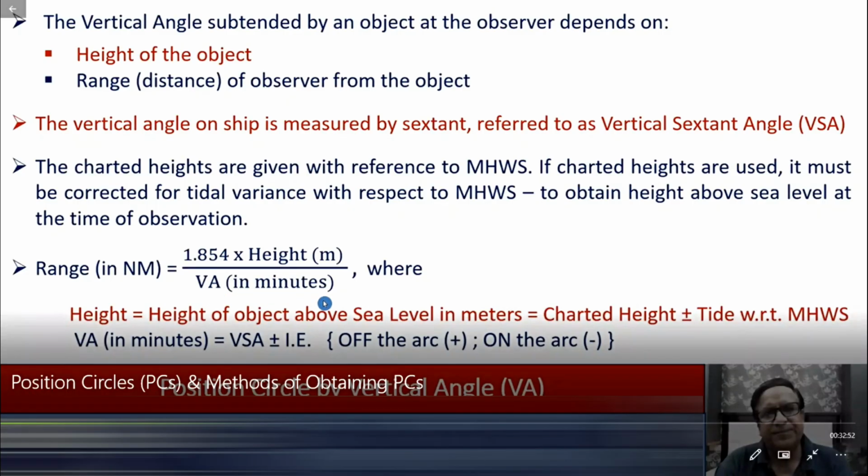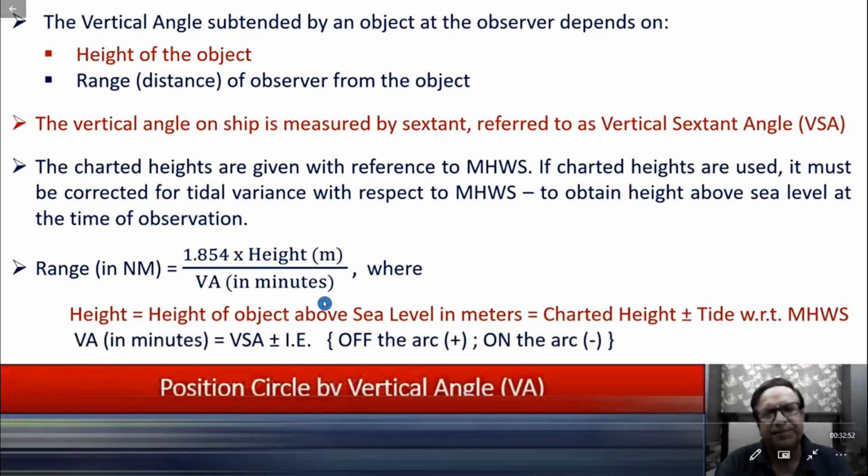Why has it been given in minutes? Usually angle is denoted in degrees and minutes, but the vertical angle in this particular case will never go in degrees. In a normal scenario, far away from the lighthouse, it will always be in minutes.